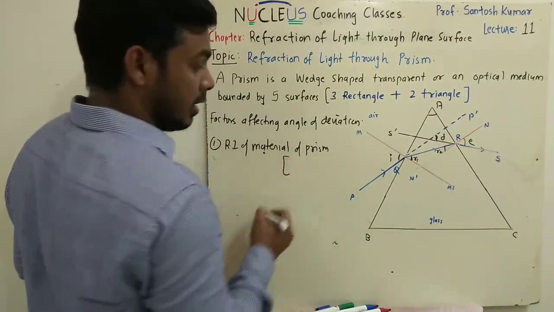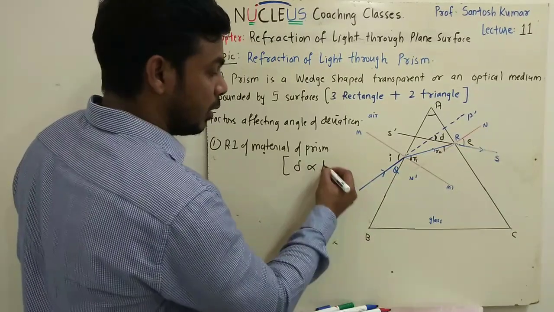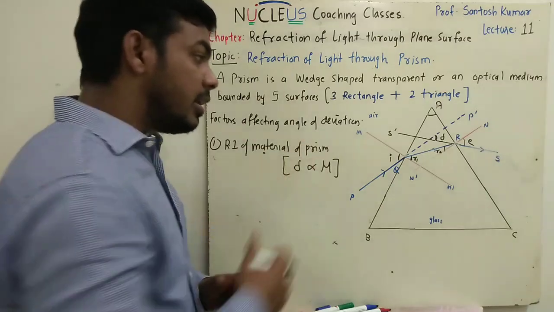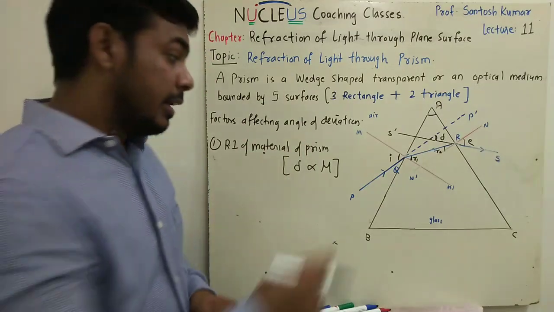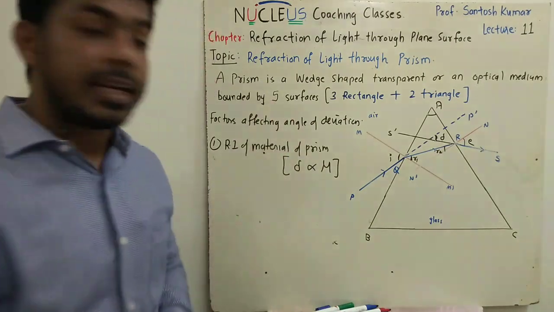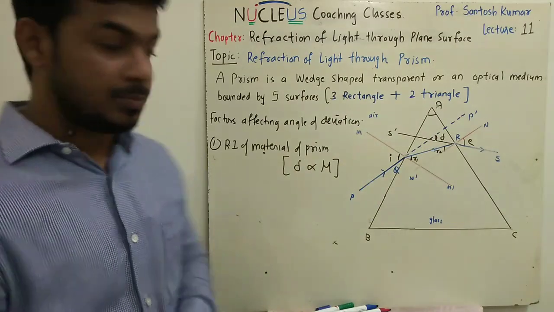I will also give you the relationship: the angle of deviation is directly proportional to mu, that is the refractive index. That means the greater the refractive index of the medium, the greater will be the angle of deviation. Remember, the angle of deviation is directly proportional to mu, that is the refractive index of the material of the prism.